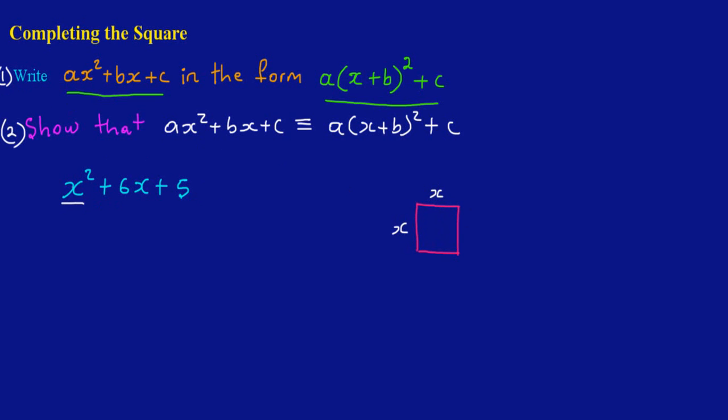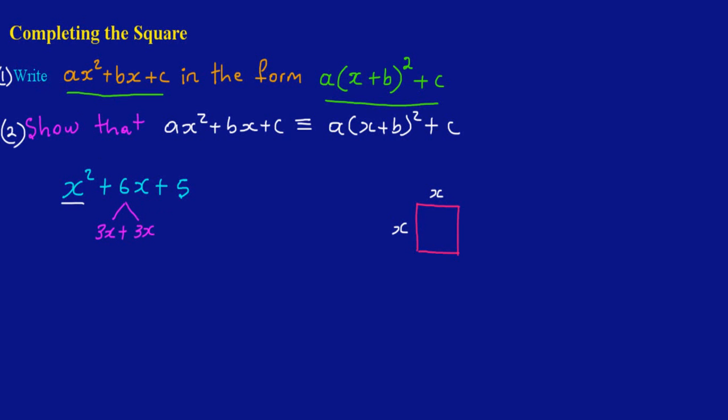Now we learned earlier that when we're trying to find if a quadratic is a perfect square, we take half of b, and in this case b is 6. So what I'm going to do here now is split this middle term in half. I'm going to divide it by 2. This would give me 3x plus 3x, that's the same as 6.